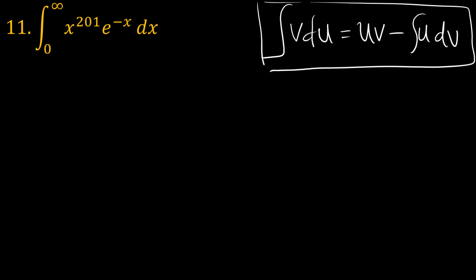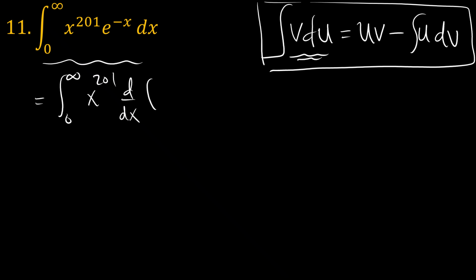So first we're going to express this expression here in this formalism. So this becomes the integral from 0 to infinity of x to the power 201 times the derivative of negative e to the power negative x.